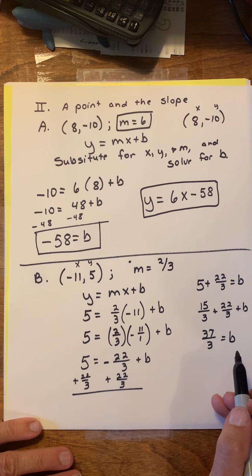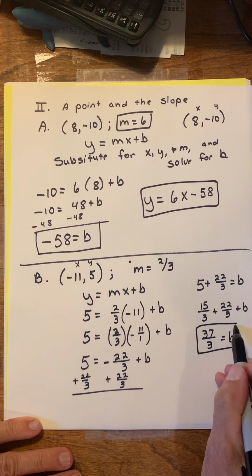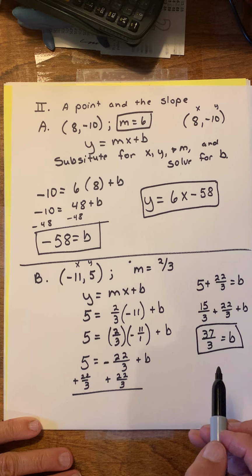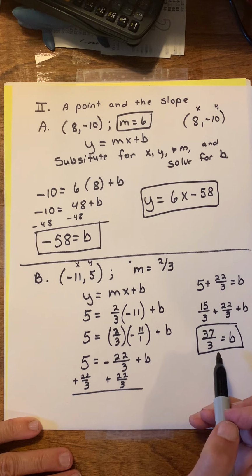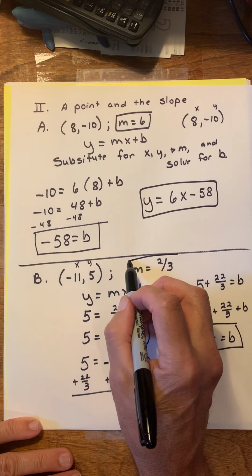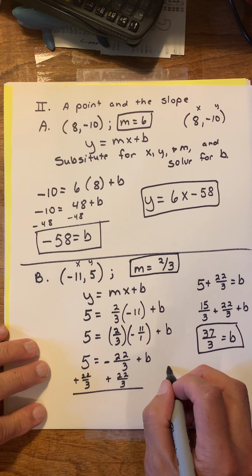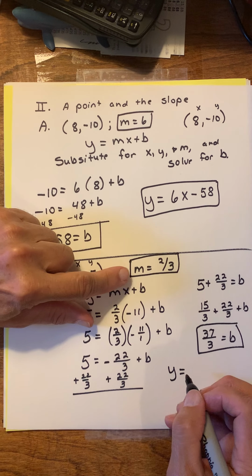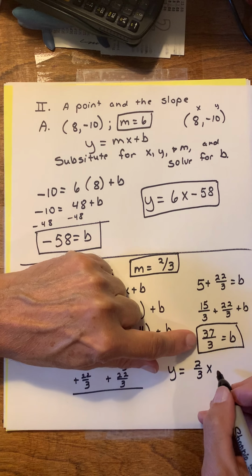So b is 37 thirds. I told you it wouldn't come out even if it was a homework problem. So there's my y-intercept. Here's my slope. Here's the equation of my line. y equals mx plus b.